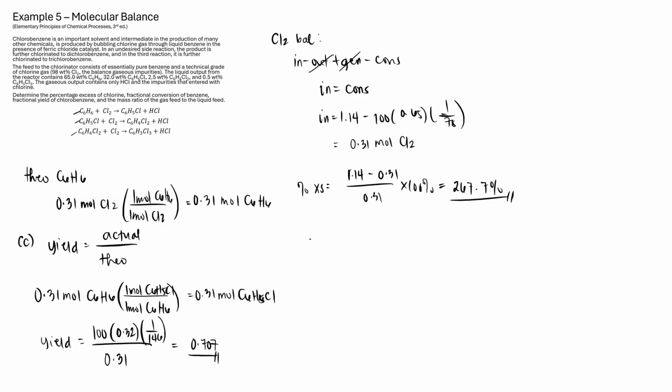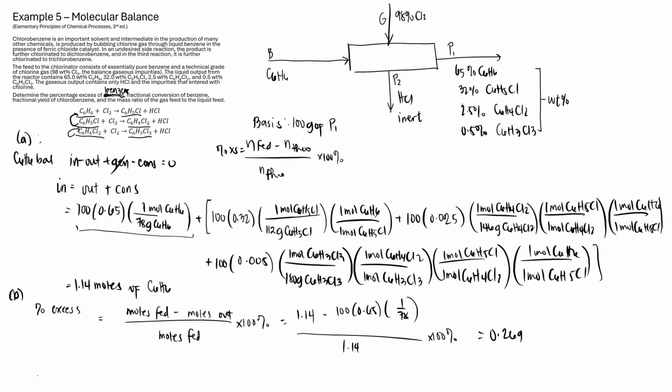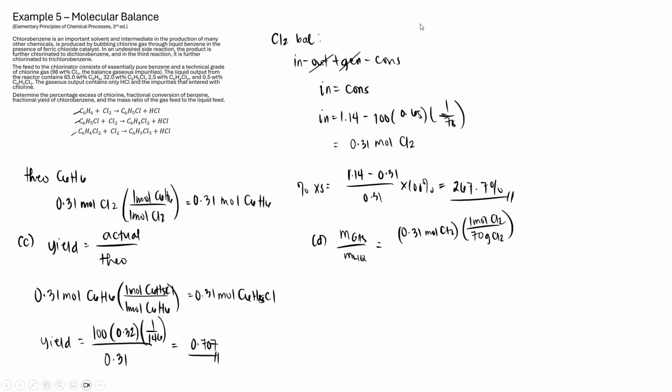Okay, lastly, the mass ratio of the gas feed to the liquid feed. The gas feed is the Cl2. So we have information on that, 0.31 moles Cl2. Its mass is 70 per 1 mole Cl2. But it is said here that the gaseous feed is 98% Cl2.